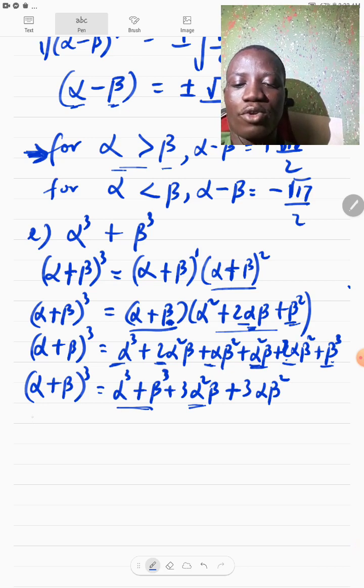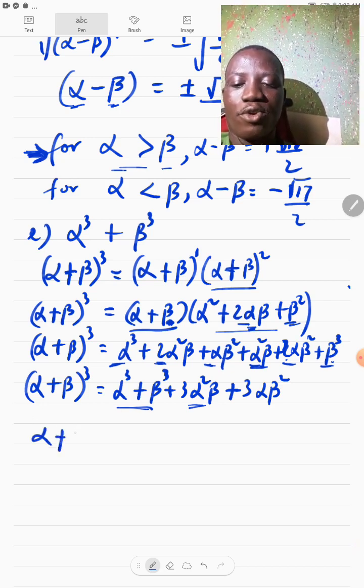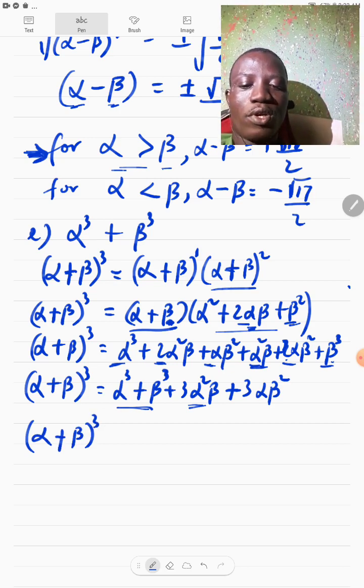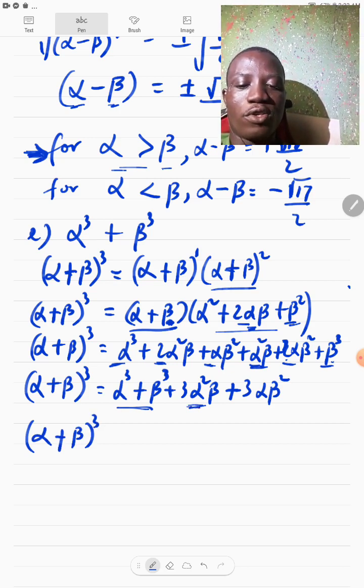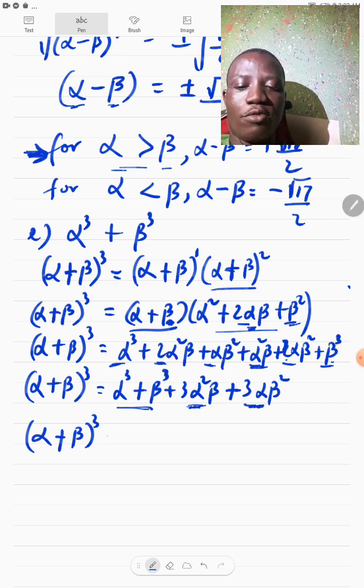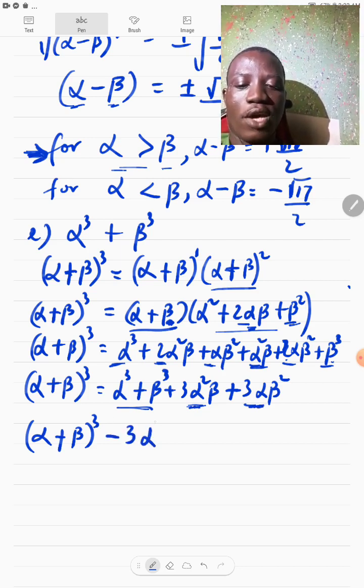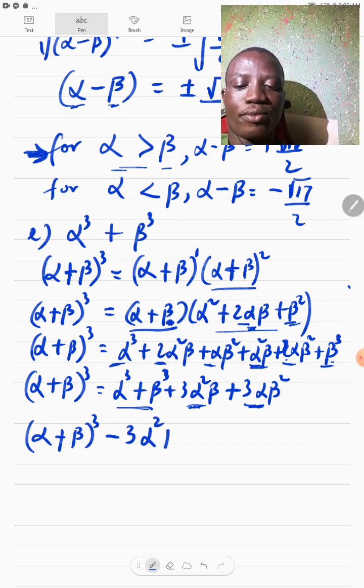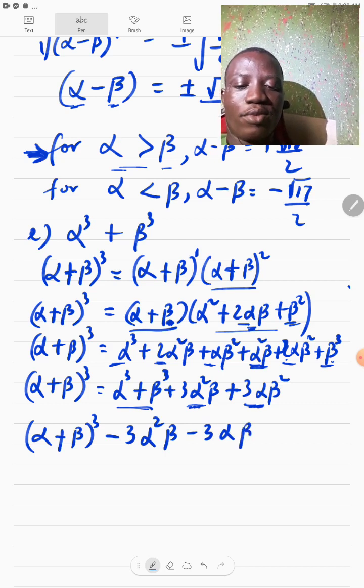It's very important. So I have alpha plus beta cube. Let's subtract this from both sides. Let's move them down. So that will be minus 3 alpha square beta, minus 3 alpha beta square.